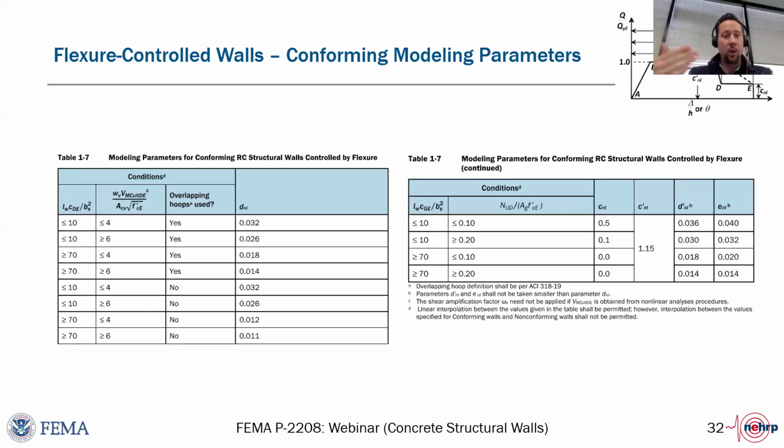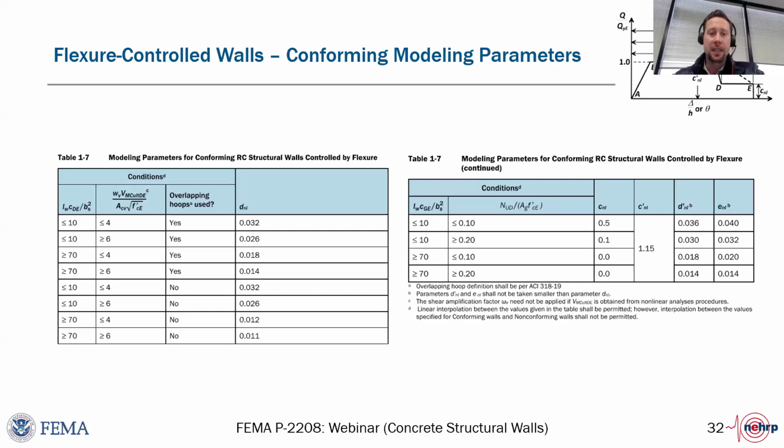So when you're more likely to experience crushing, that overlapping hoop parameter does start to matter. In general, existing walls probably won't have this, but it's one more parameter to consider, and especially if you're understanding wall flexure deformation capacity, you should understand that it does have some influence.